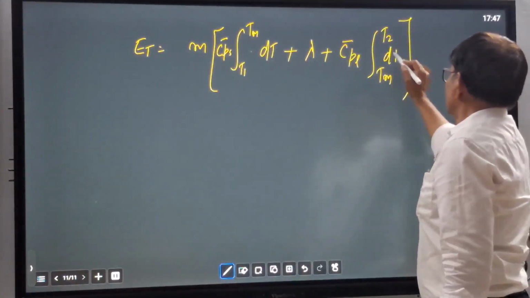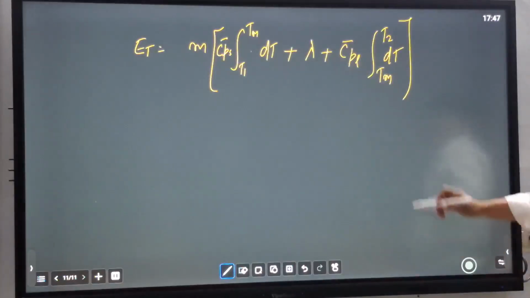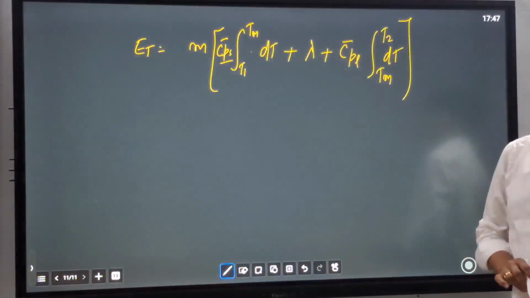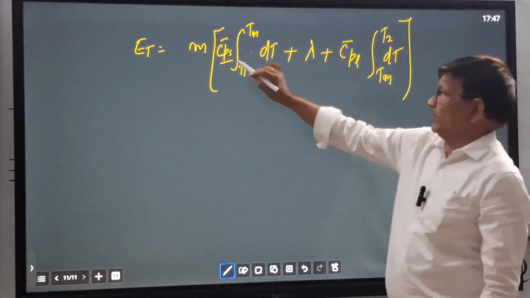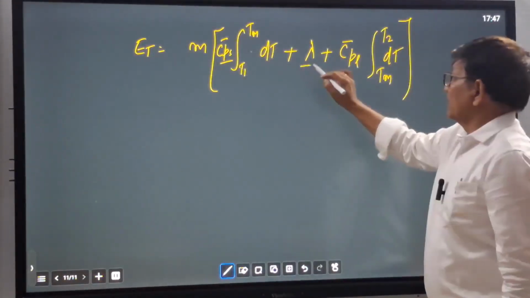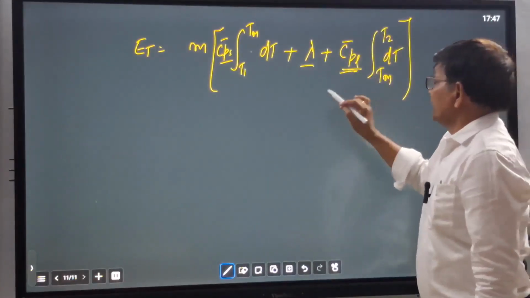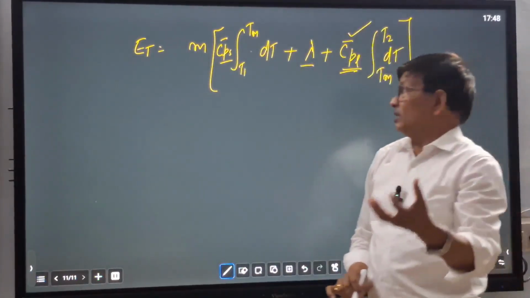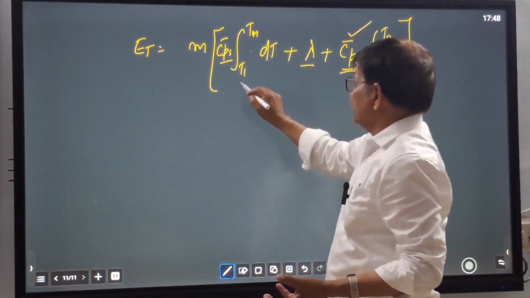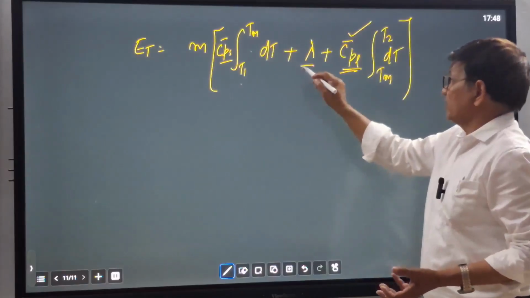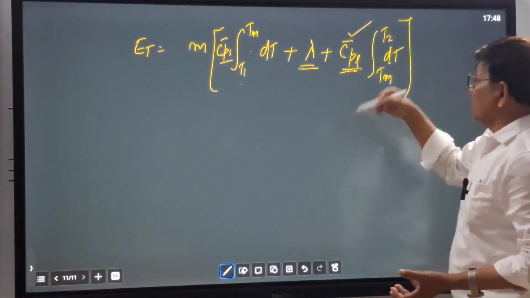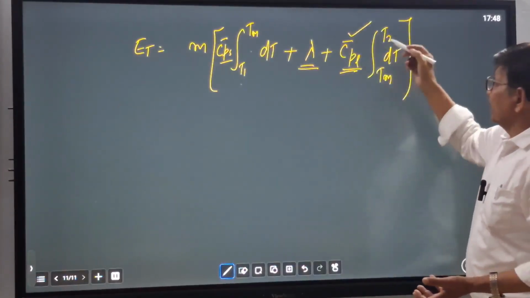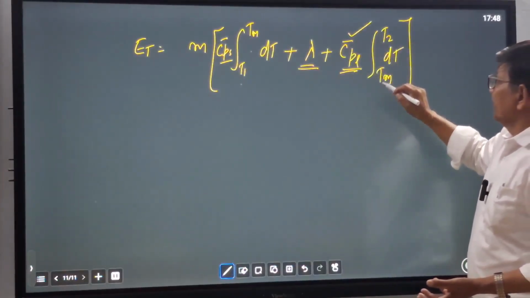Because temperature is changing, Cps is the average specific heat of the material in the solid state, and Cpl is the average specific heat of the material in the liquid state. Heating takes place first in the solid phase, then once the material starts melting in latent form, and once it becomes liquid, the temperature rises again, from Tm to T2.